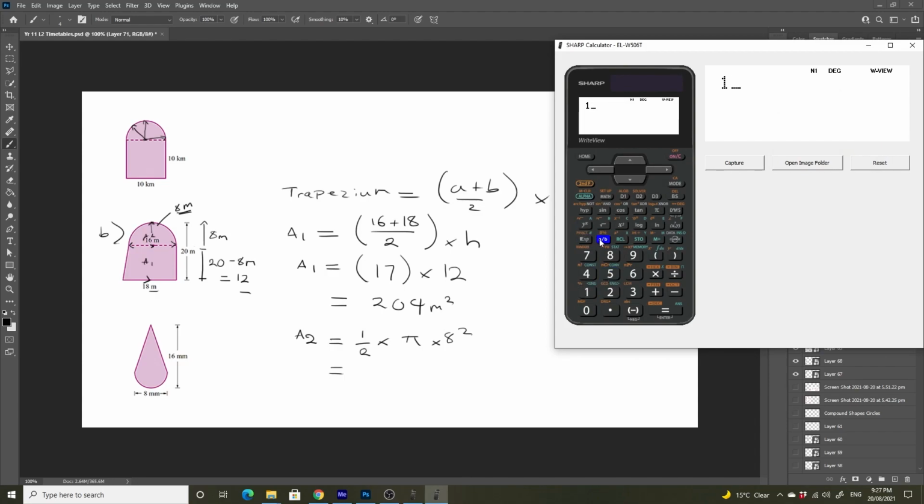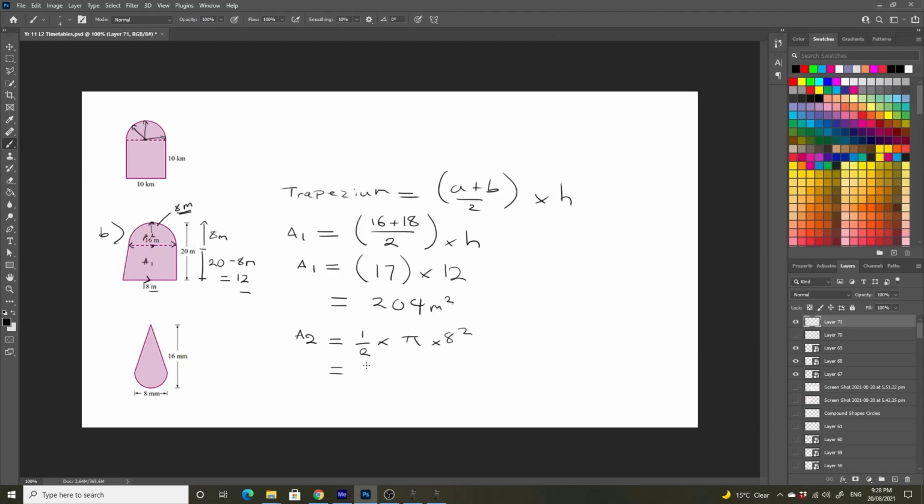So 1 over 2 times pi times 8 squared. So that is equal to 100.53.